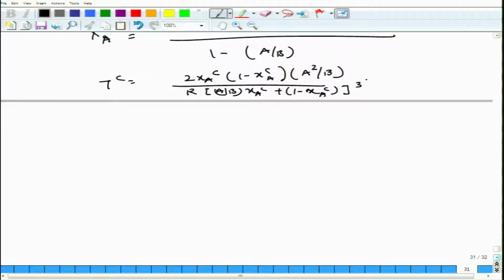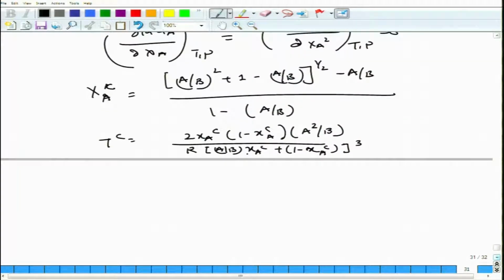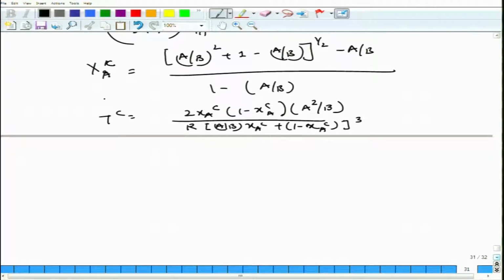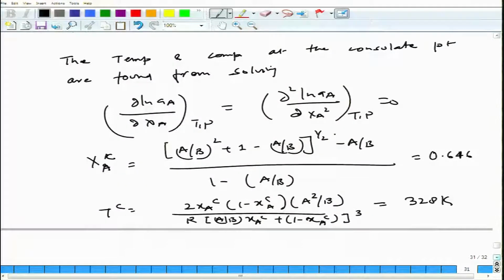So now using the values of A and B, you can find x_AC, which turns out to be 0.646, and then if you plug that value into this expression for T, you get your critical temperature, or the upper critical solution temperature, as 328 Kelvin. So this is something which you can check upon doing this derivation from here till here.